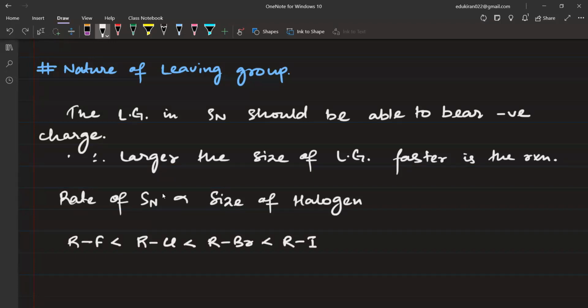This is due to size, because the size of fluorine is smallest, then the size of chlorine and Br, and then the size of iodine is the largest. Let me know once you are done writing.